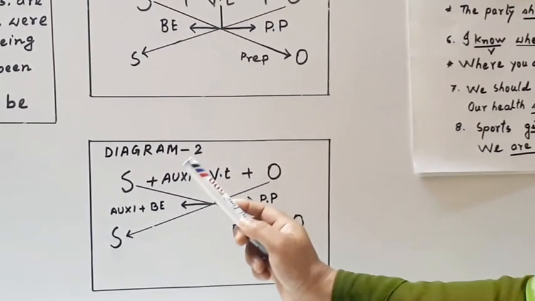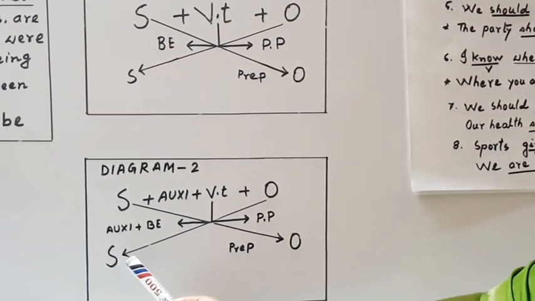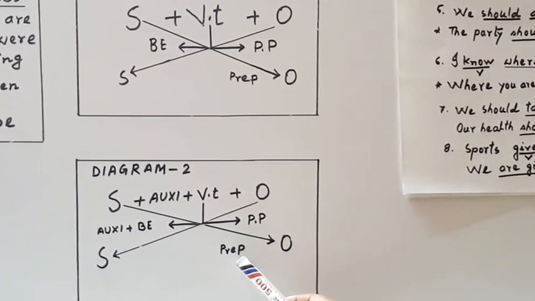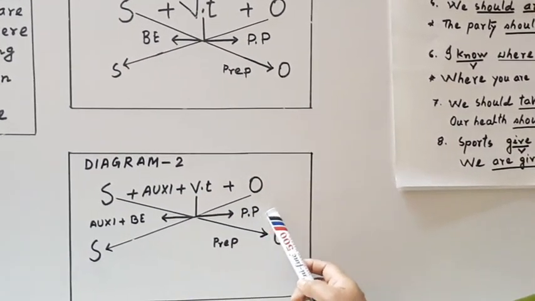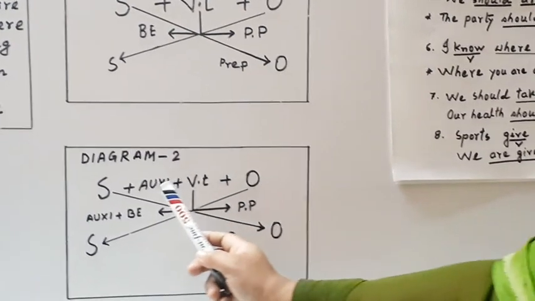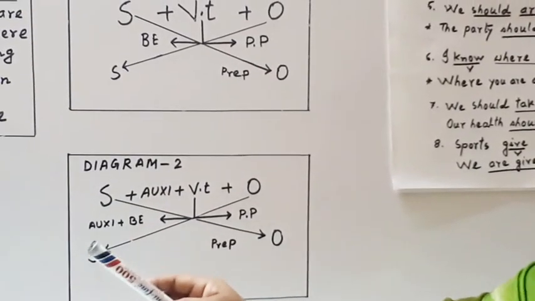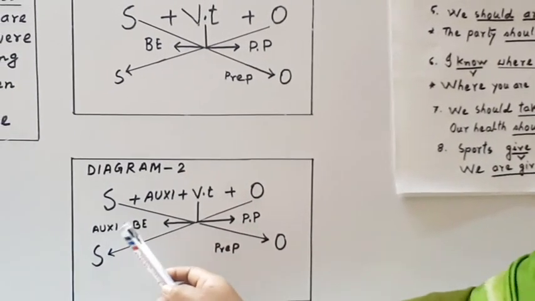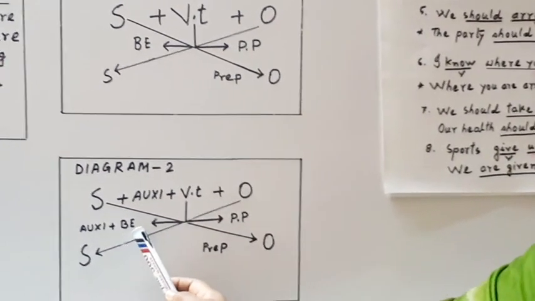Then how have we changed this second diagram? You see, the object has become the subject, and the subject has become the object with a preposition. The main verb is in past participle form, the auxiliary verb of the same tense will be used, and there will be the be verb.